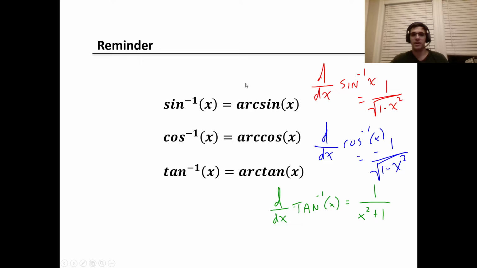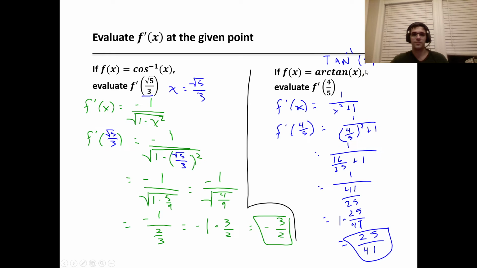It's just two ways of writing it. Someone just had to make it their own way, I guess. But just know those mean the same thing. Again, we have our derivatives for sine inverse, cosine inverse, and tangent inverse all on one slide. If you're taking notes, hopefully this makes it a little easier to summarize.